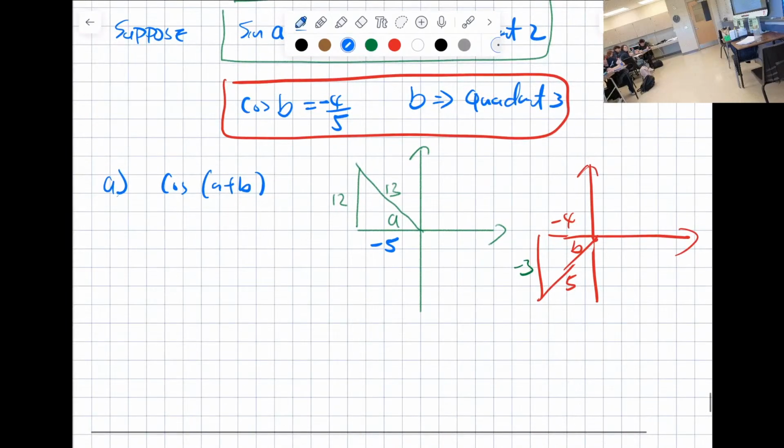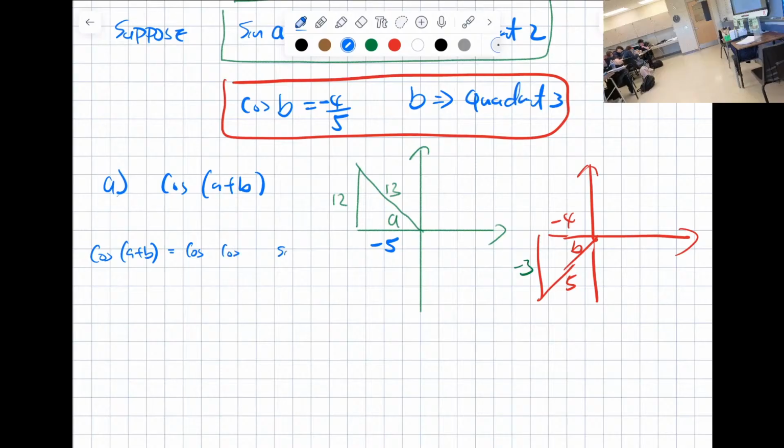Now, how do I figure out what the cosine of A plus B is? Well, cosine of A plus B is equal to cosine A cosine B, minus sine A sine B. Cosine of A is negative 5 over 13.